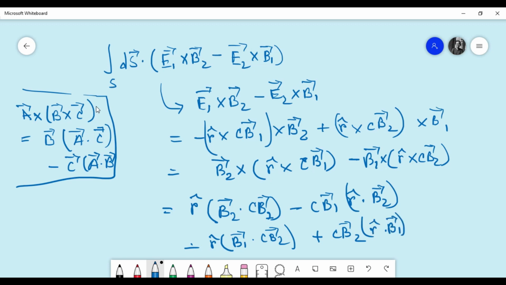Now for radiation electromagnetic fields infinitely far away from the source, the electric and magnetic fields will be perpendicular to the radial direction.